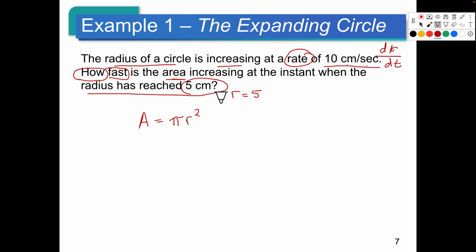And then before we start plugging any numbers in, this is area and radius. We don't have any rates of change in here, right? How do we get rates of change? We take the derivative. So we're going to take the derivative of area, and think of A now as a variable.